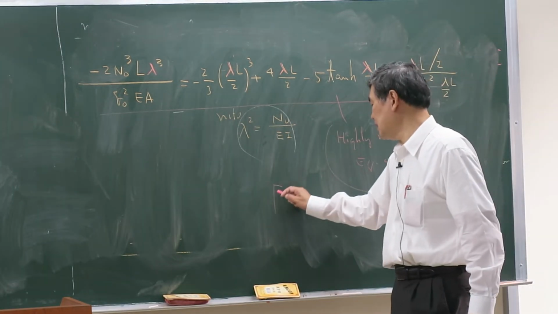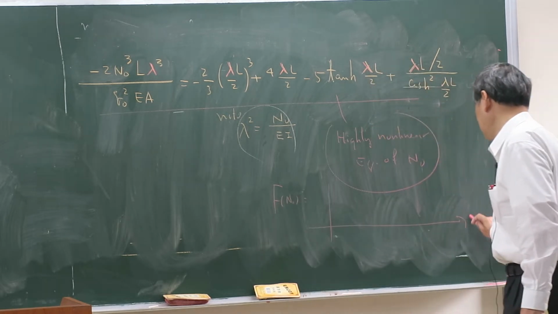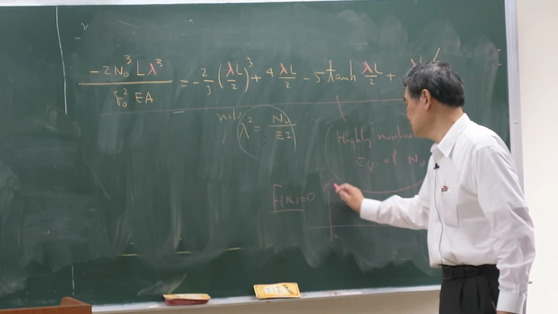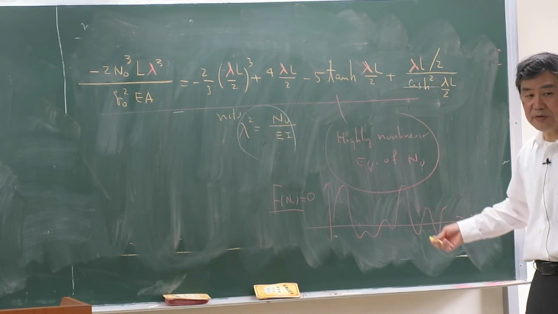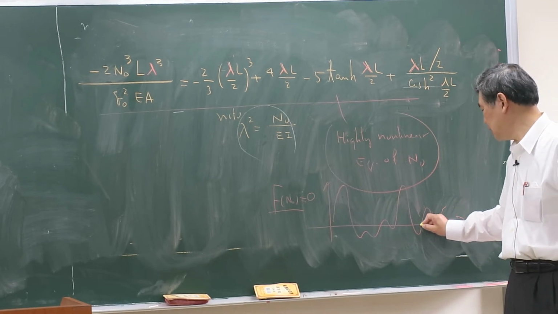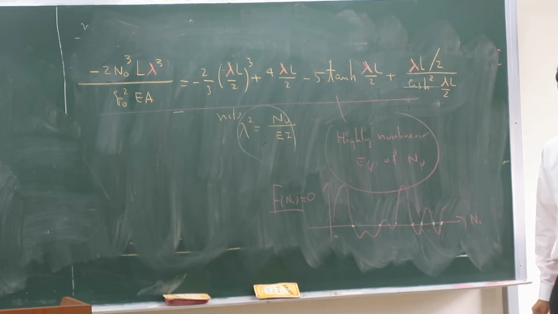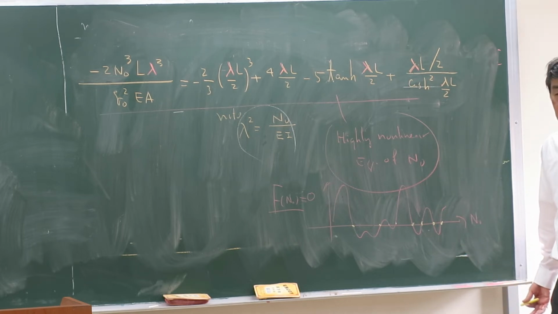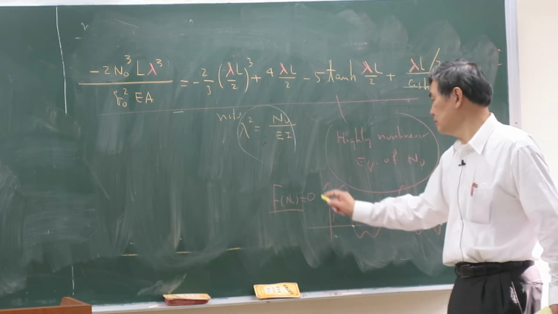For example, if this is f of N0 function, the best way is to graph it, and the zero point is the solution. Okay? Another way is you can use Newton-Raphson to try a value and converge to the one. But this is a graph method.